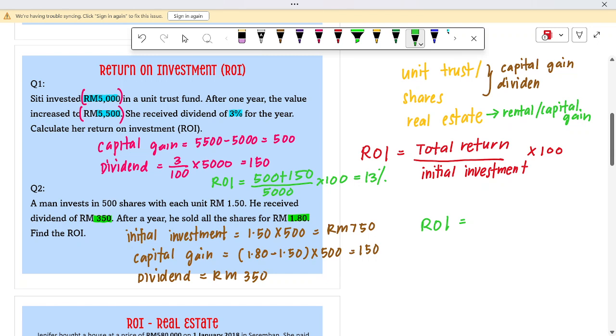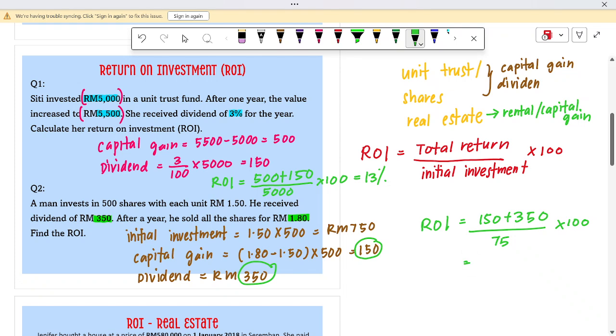So now let's calculate your ROI. Your ROI will be, your return will be capital gain and your dividend, 150 plus 350, over initial investment 750 times 100. So 150 plus 350 divided by 750 times 100.